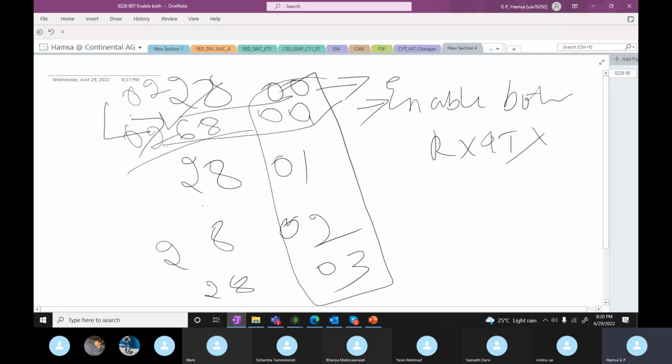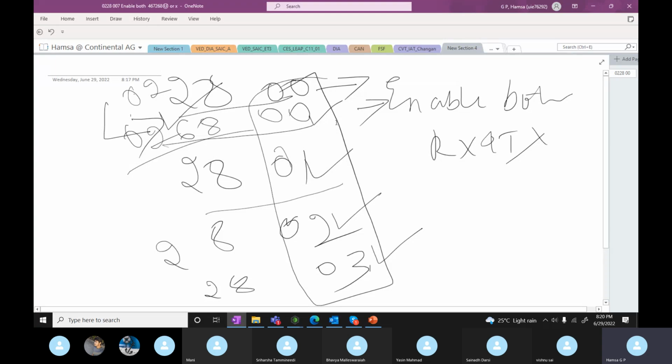Similarly, by using the different sub functions, you can control the communication of the ECU. The positive response only changes the sub function according to your request: either disable RX, or disable TX, or disable both, or enable TX and disable RX.